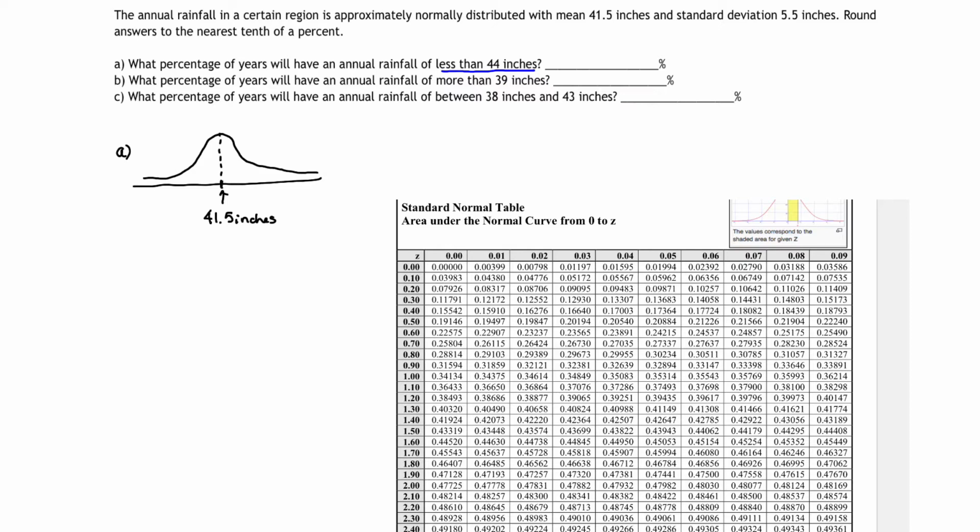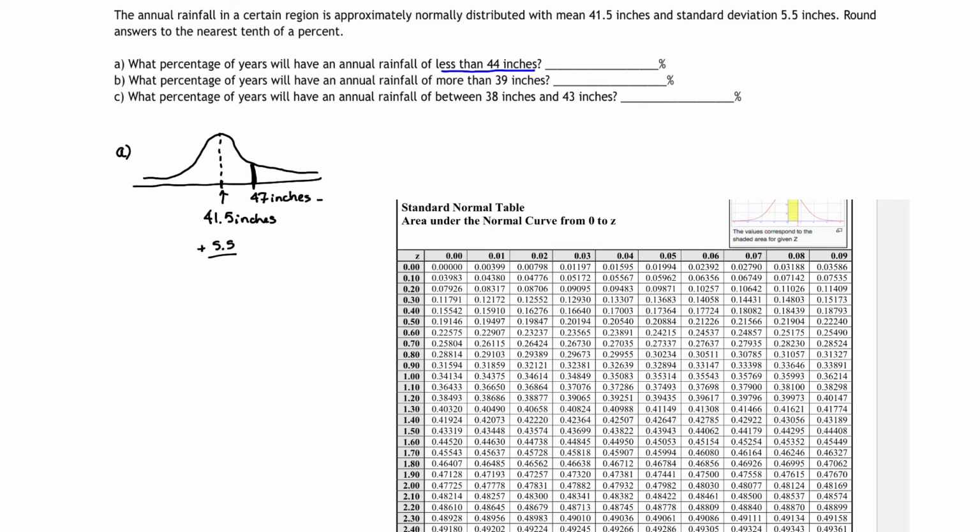I also am told that the standard deviation is 5.5 inches. So if I was to add 5.5 inches to 41.5 inches, that would give me a total of 47 inches. That means when I go 1 standard deviation away from the mean, I'm at 47 inches.